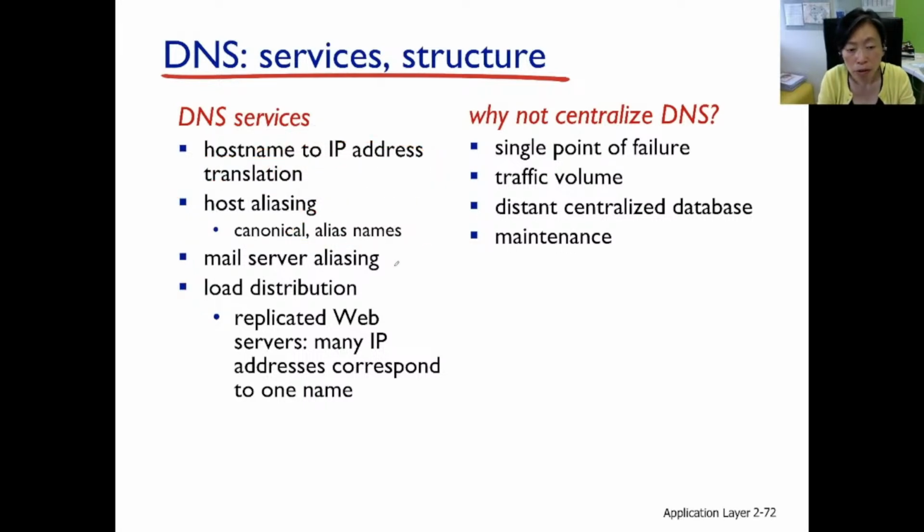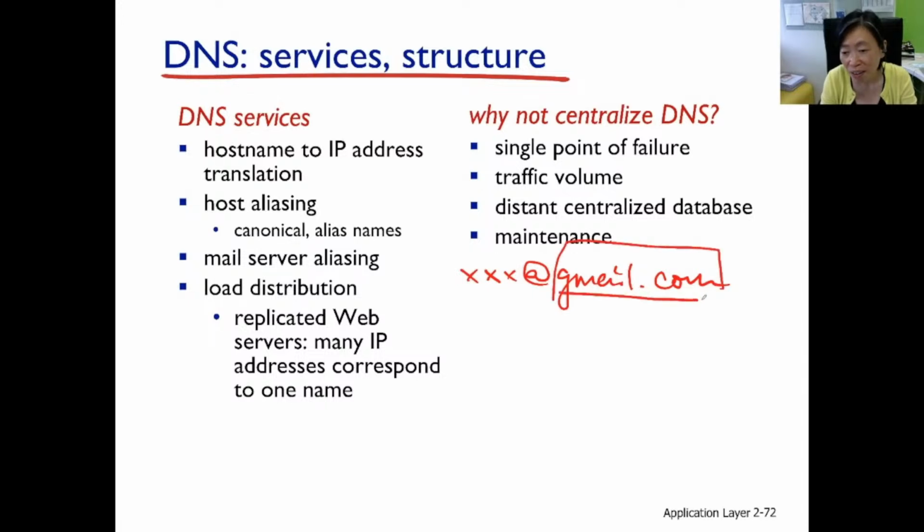Second, mail server aliasing. You must have one of these, Gmail accounts. If your friend is sending email to your Gmail account, your friend's mail server will need to know who your mail server is. So who's Gmail's mail server? This looks very general. It's in fact a domain name, not quite a host name.